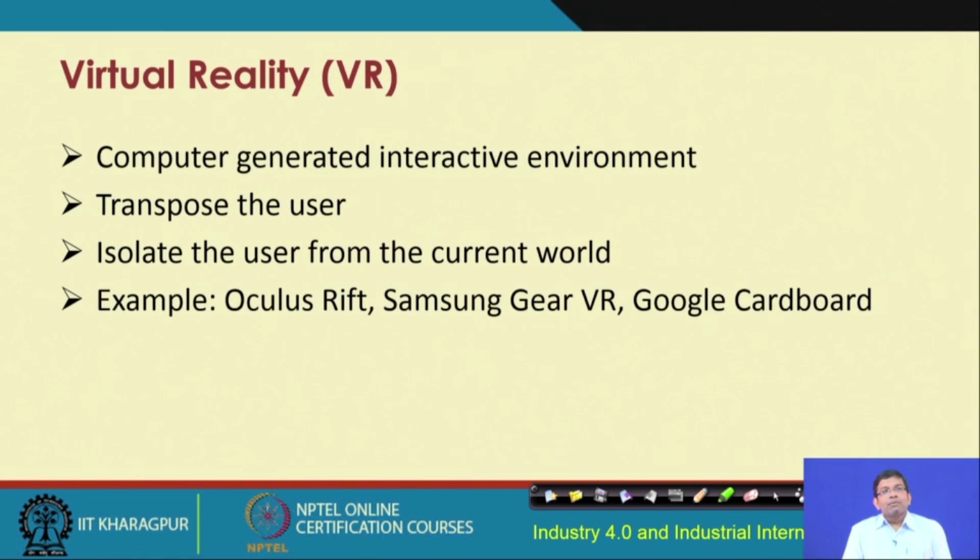Now, let us talk about virtual reality. Virtual reality and augmented reality we talked about a lot in a separate lecture, and if you recall, these are very important components that could be used in the industry in order to improve the efficiency of the processes, to offer training to the workers and so on. So, augmented reality as well as virtual reality we have discussed in length in a previous lecture.